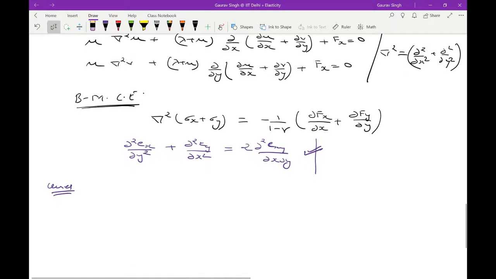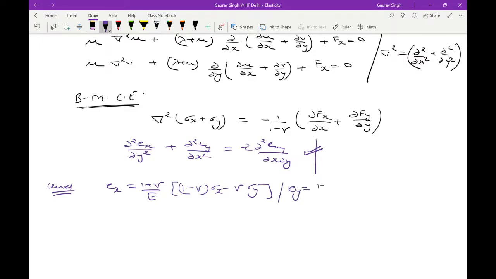So you want to write it as Ex equal to 1 plus nu by E, times 1 minus nu sigma x minus nu sigma y. And similarly you would have Ey is equal to 1 plus nu by E, times 1 minus nu sigma y minus nu sigma x, and then Exy.